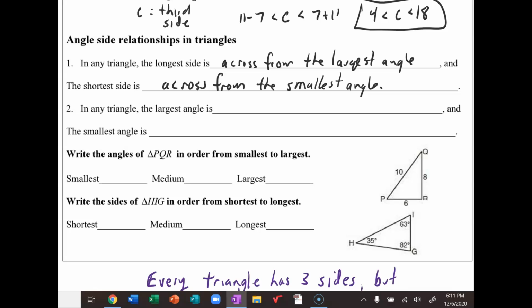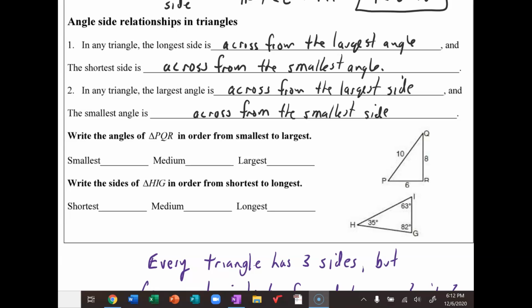And it works the other way around too. In any triangle, the largest angle, well, they kind of say the same thing, they're really converses of each other. So we're still going to say it. We're just going to write it out pretty much with the opposite here. You're probably going to see these both as saying the same thing, and that's okay.